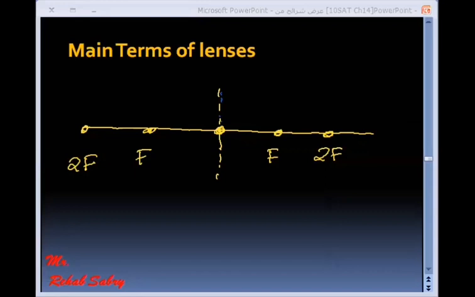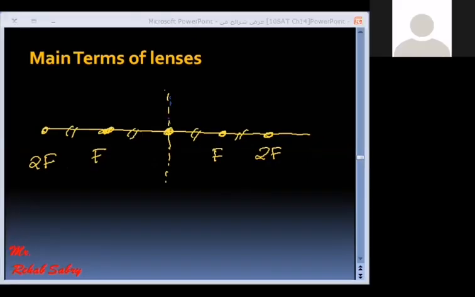Here, these are evenly distributed points.